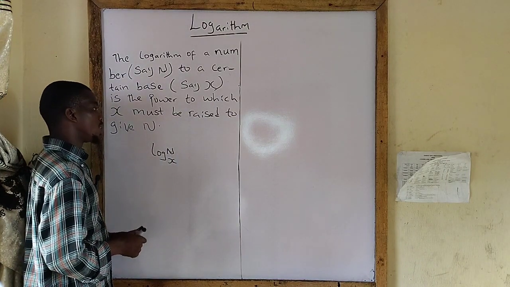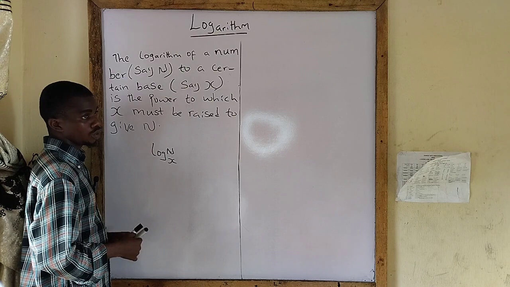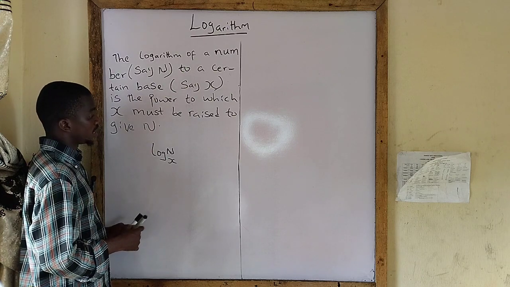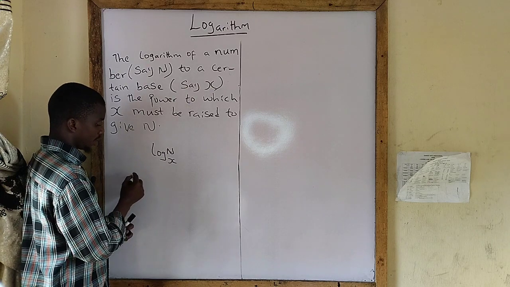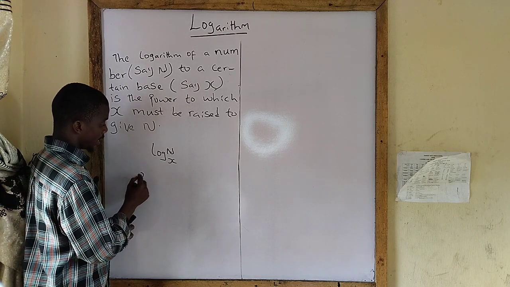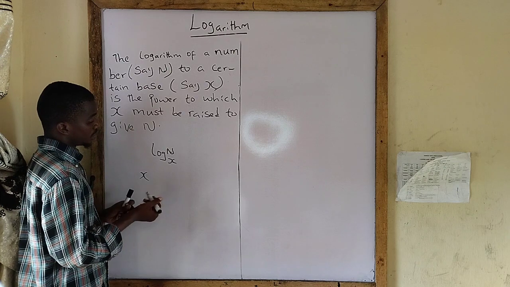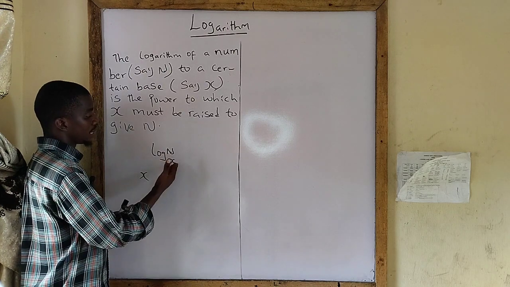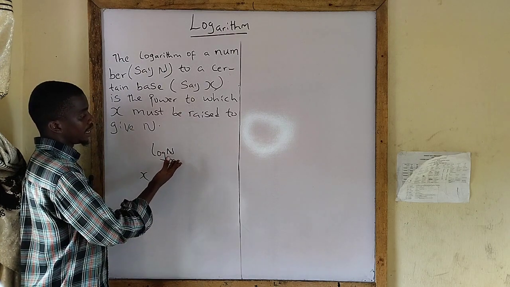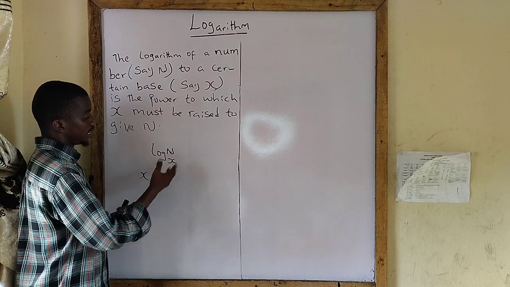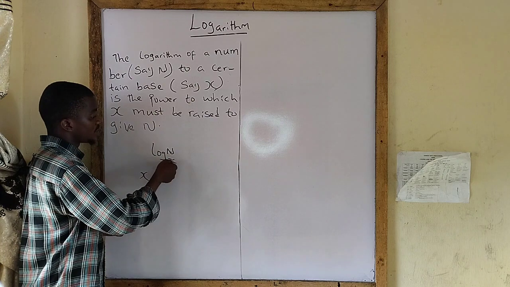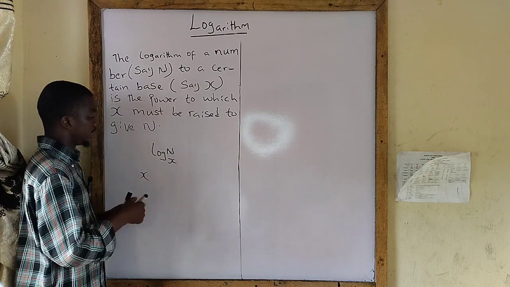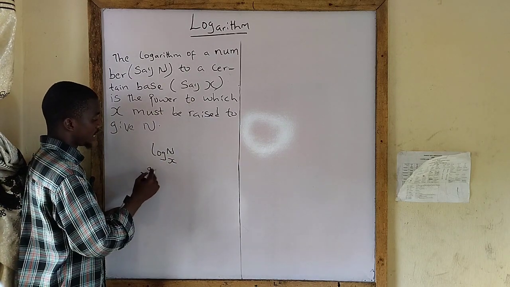If we write this down in equation form, we have x, and we don't know the power we can raise x to, but let's term that power a. Let's raise x to a power, say a.